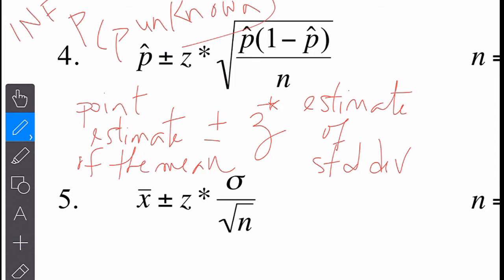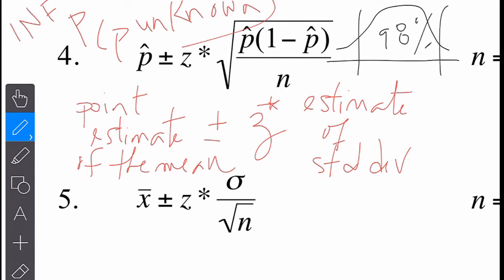I'm kind of recapping what I said last time. So if I want 98% in the middle, that means there's 1% out here and 1% out here. What I'm interested in is this.